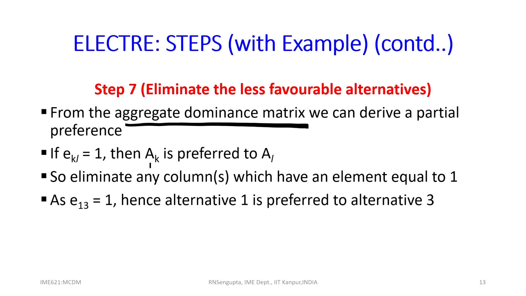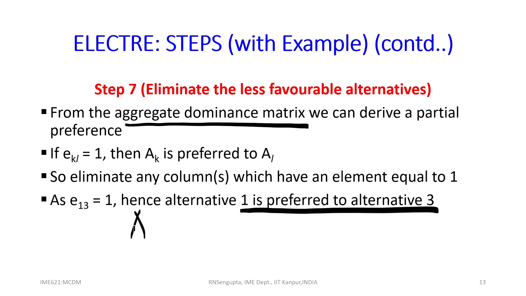But when I compare A1 with A2, and A2 and A3, no such score is given; they are 0 on both the positive and negative scales, so no such ranking can be given. If E K L is 1, then K is preferred over L. So, eliminate any columns which have an element equal to 1. Once we remove that, we only have the case of A1 being preferred to alternative A3.